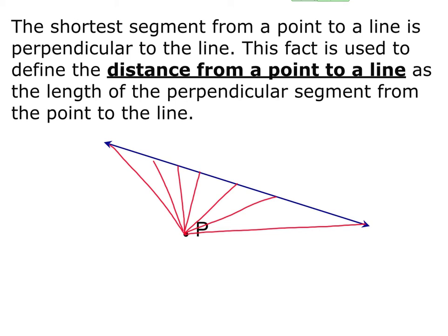Okay, and the distance is the length of the perpendicular segment from the point to the line. So from this point, perpendicular, I'm going to estimate is probably that one right there. So the distance from the point to the line is measured along the perpendicular, not just any point that you want. The perpendicular gives us the shortest distance from the point to the line.